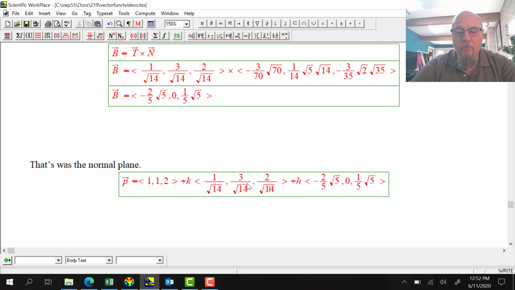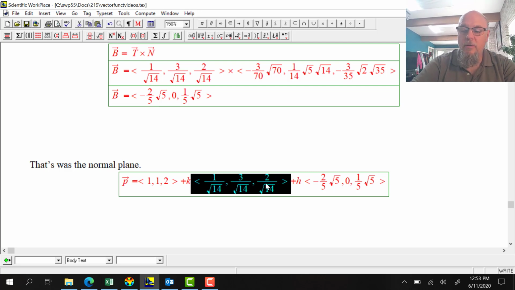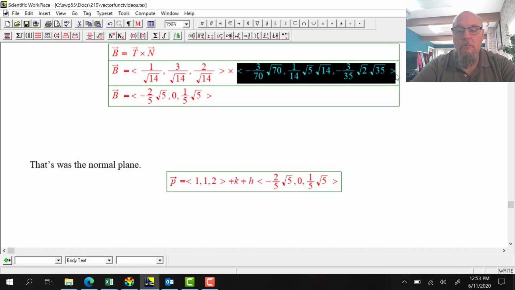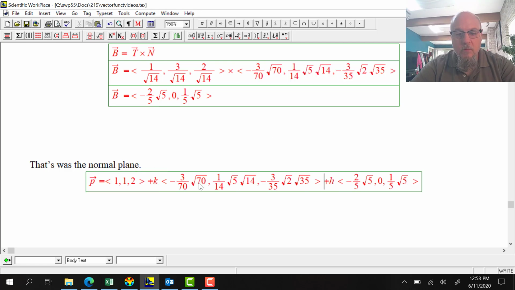Oh, wait, this is supposed to be the n vector here, right? Not the t vector. The t vector is perpendicular to the plane. I want the n vector. So it's the point plus some number times the n vector plus some number times the b vector. There's the vector equation of the normal plane, the plane that the curve passes through perpendicularly.